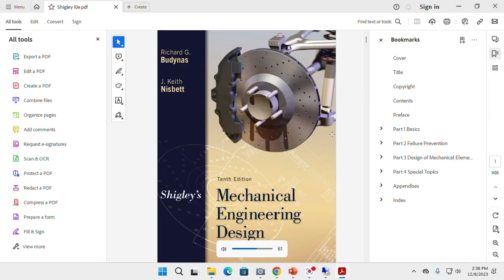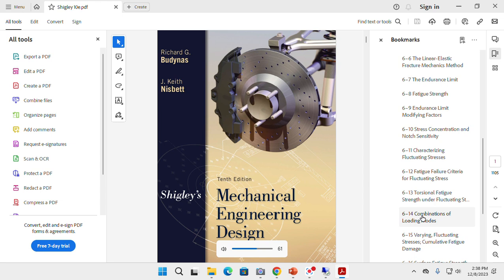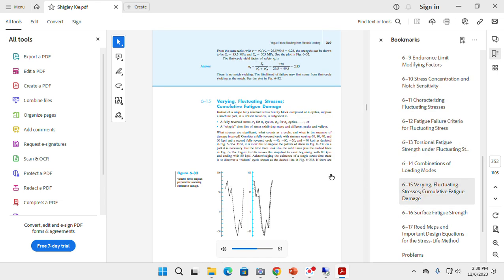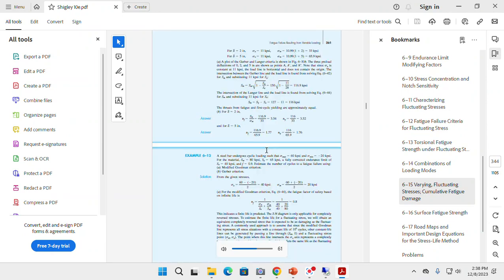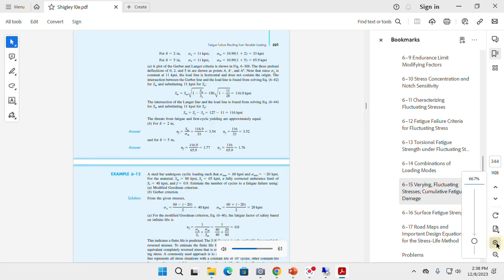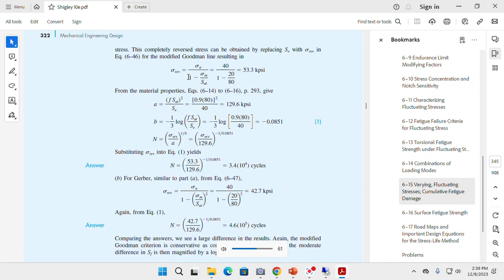All right, so in the 10th edition, it's in the failure chapter, combination loading, right there. So it is located in 6-12, here's the location of that same equation. It's not any other place.